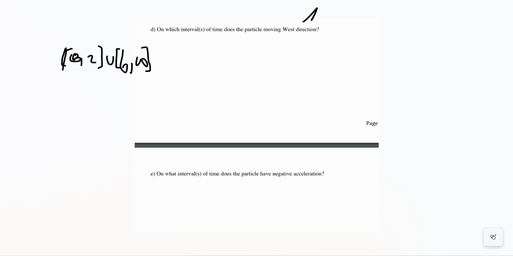We understand that 2 to 6 must be negative, because when we plugged in 6 on the v of t, it was negative, and it only changes when the velocity is 0. So this is going to be 2 to 6, and we know that west is the negative direction.